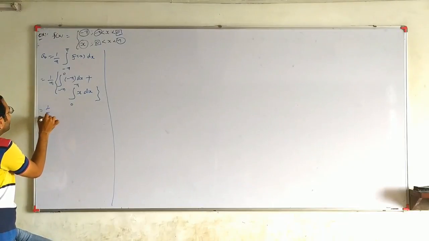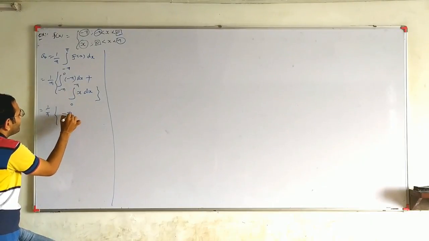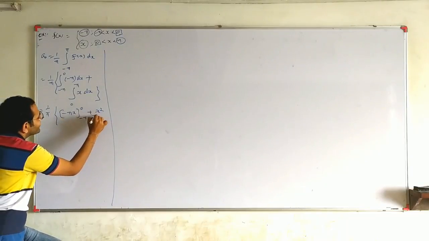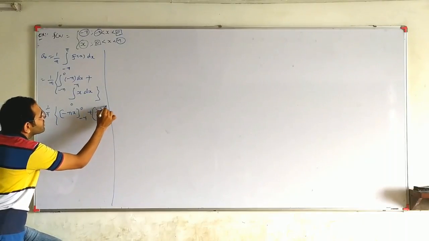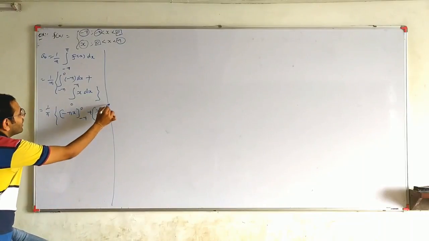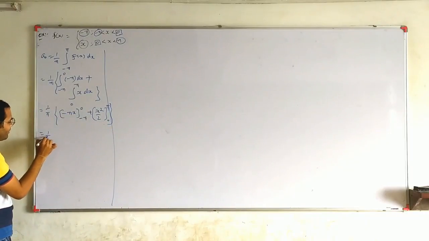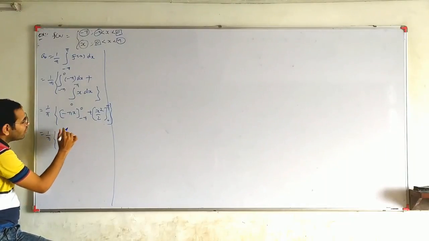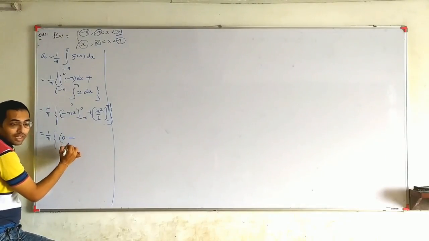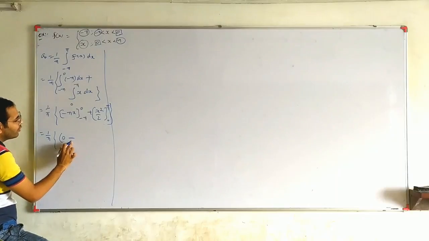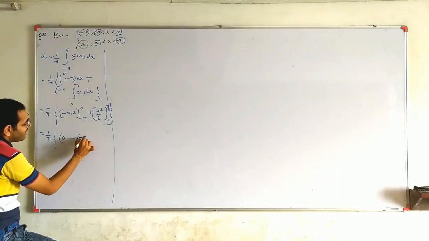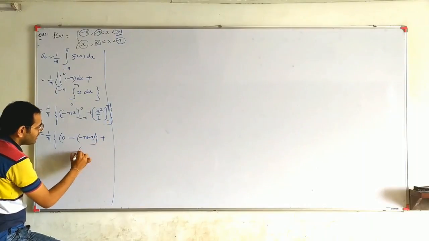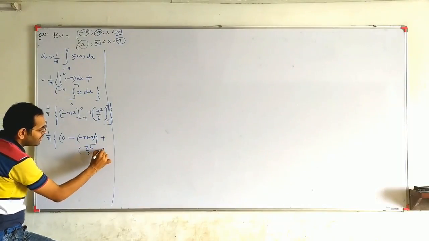Now we apply the integral: minus pi into x from minus pi to 0, plus x square by 2 from 0 to pi. Then upper limit minus lower limit: 1 upon pi, 0 into anything is 0, then the lower limit gives minus pi into minus pi, plus pi square by 2 minus 0.